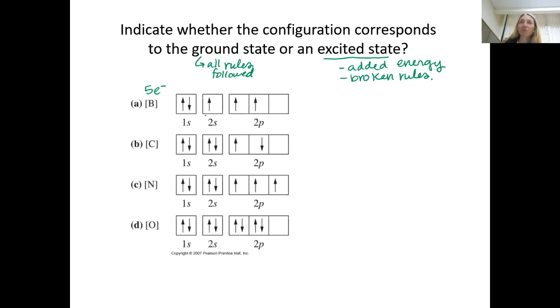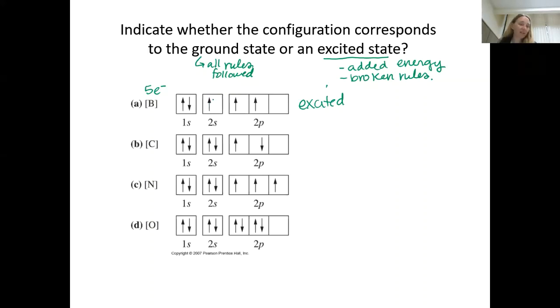Okay, so most people are telling me excited. How come this is in the excited state? A couple of ground state. Why is this excited? Right, so here we didn't fully fill this box.